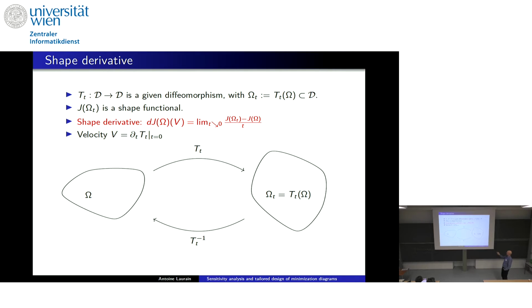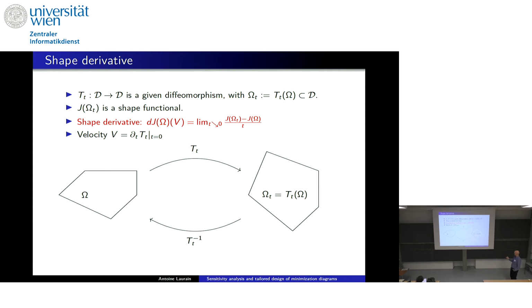For instance, we have a perturbation of omega using a diffeomorphism, and we define a shape derivative by taking the derivative with respect to t. But I'm also interested in the case where the shapes are not smooth. So for instance, typically polygons, or it could be curvilinear polygons, which are the cases of interest. For instance, if you look at the Voronoi case, then you have perturbation of polygons, basically. Even convex polygons, but it makes no difference.